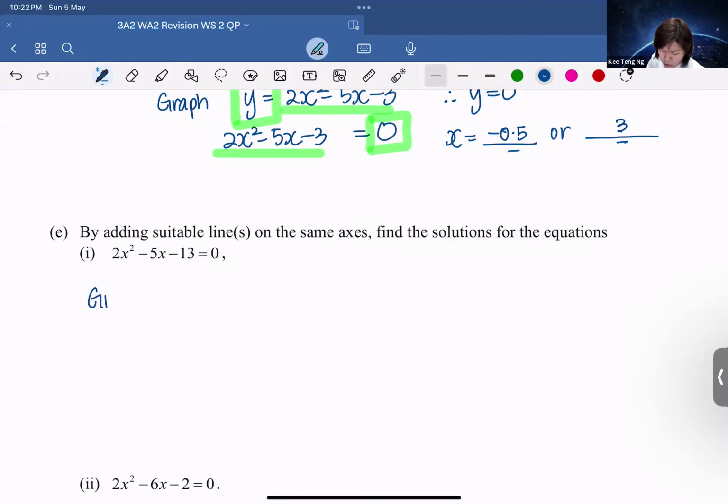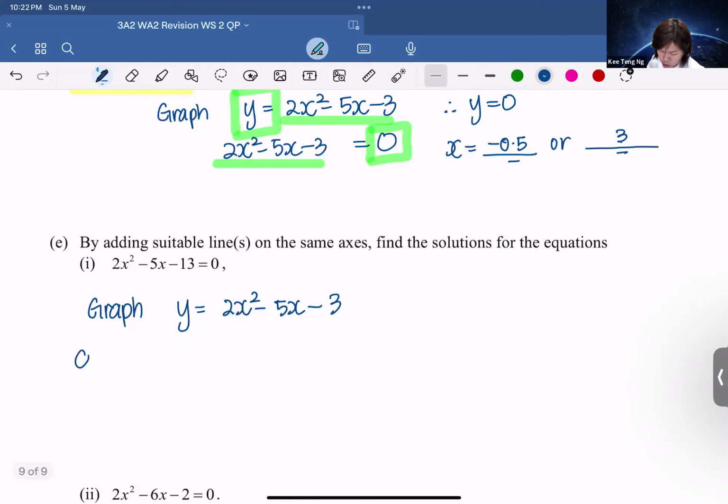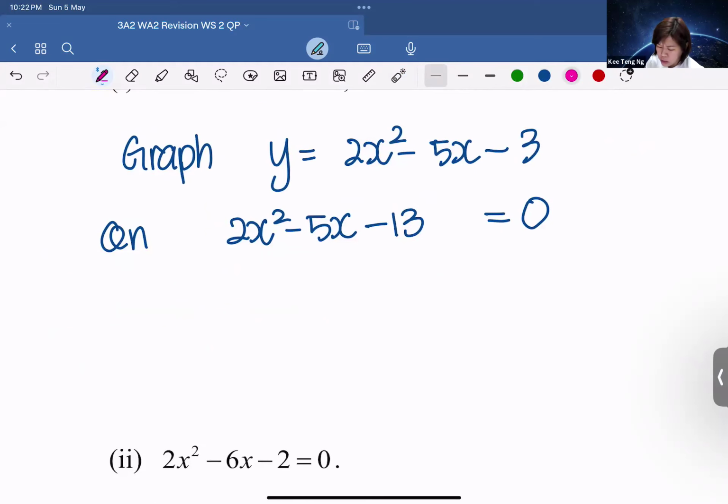My graph's equation is y equals 2x squared minus 5x minus 3, but my question gives me 2x squared minus 5x minus 13 equals 0. This portion over here is the same, but this number is not the same as negative 3.